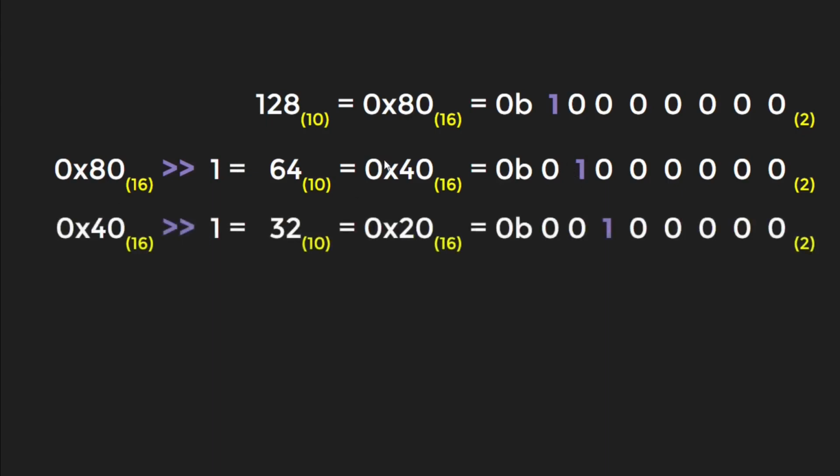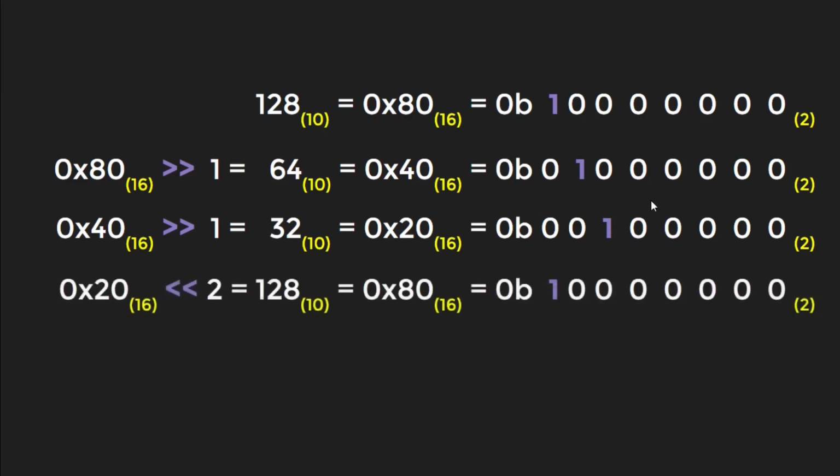Again, this hex 40, I brought it here and repeated this operation. I got 32 decimal, hex 20, and this bit is now shifted to the right twice. I think you get what's going on here.